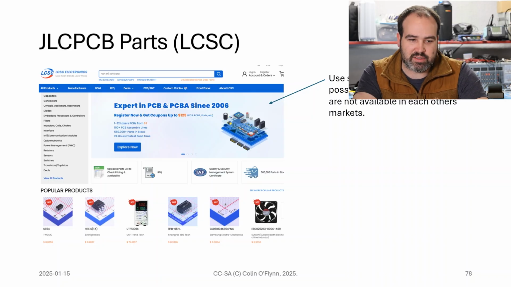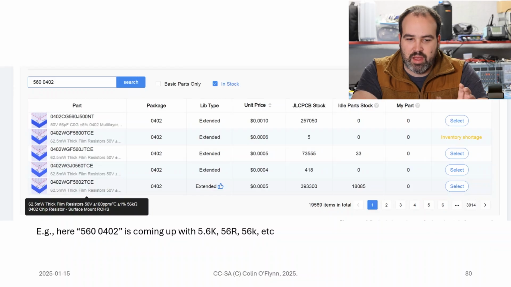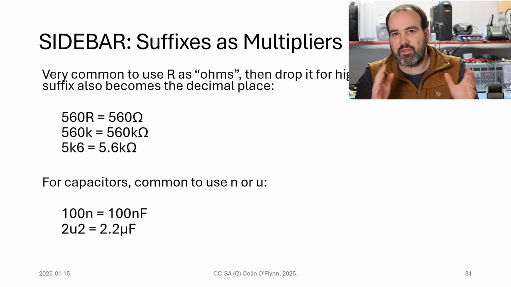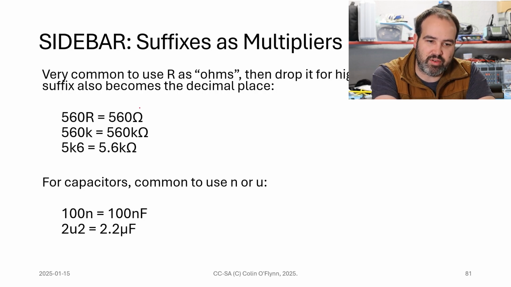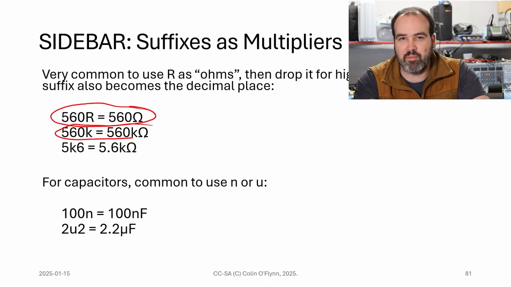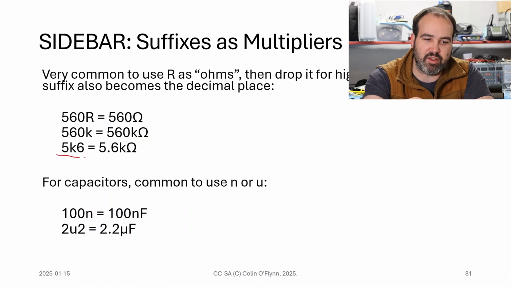So I talked about LCSC, talked about finding replacement parts. I also talked about the suffix, if you haven't come across this, it's really common on schematics. I use this in the search, right? 560R is 560 ohm, 560K would be 560 kilo ohms, but we also use this as a decimal place, so 5K6 is 5.6K.